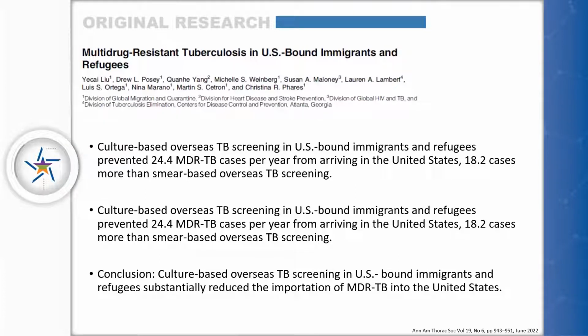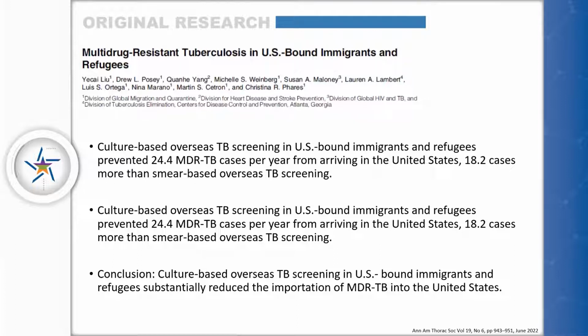They found that culture-based overseas TB screening prevented 24.4 multi-drug resistant TB cases per year from arriving in the US over the period they were examining. That's 18.2 cases more than smear-based overseas TB screening. So we're seeing the impact of the screening and the treating overseas.